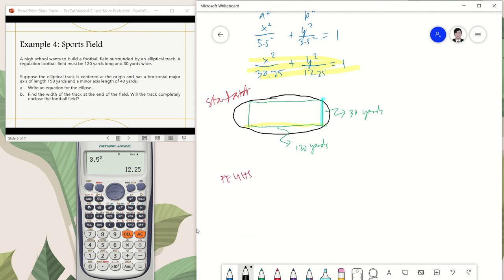Same condition, we have an ellipse and a rectangle inside. It says that the elliptical track is centered at the origin.